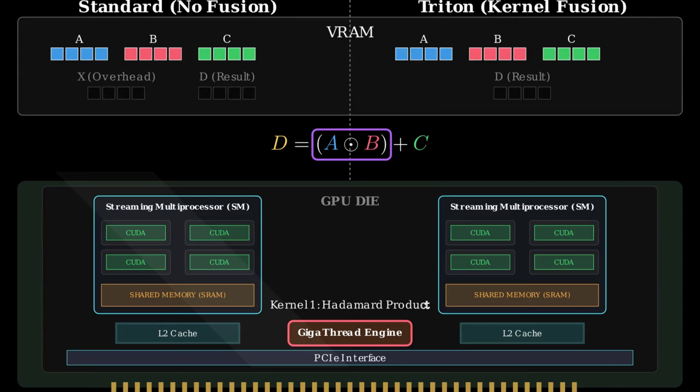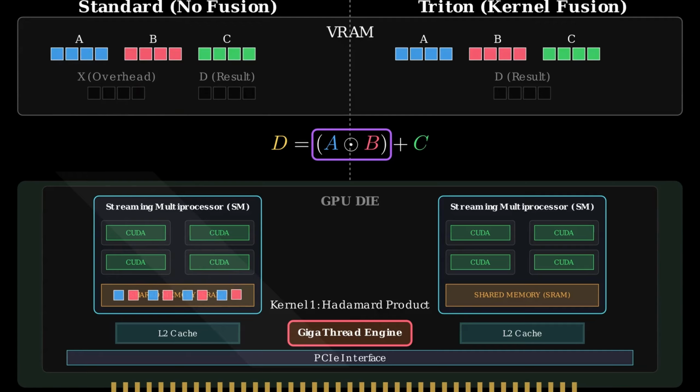The GigaThread engine, which is a module that schedules the number of threads, creates 4 threads. It creates 4 because A and B have a length of 4. Since each CUDA core operates on 2 scalars, 4 threads are enough because each thread is given the exact same recipe, multiply 2 numbers. So, each component of vectors A and B is brought into the shared memory of the streaming multiprocessor.